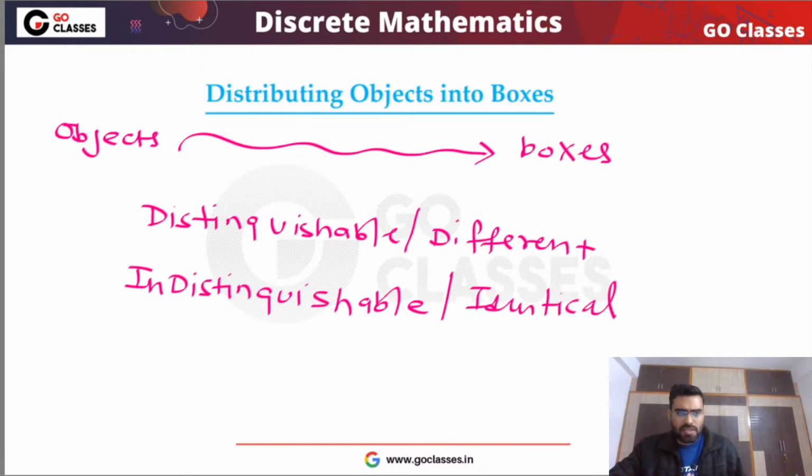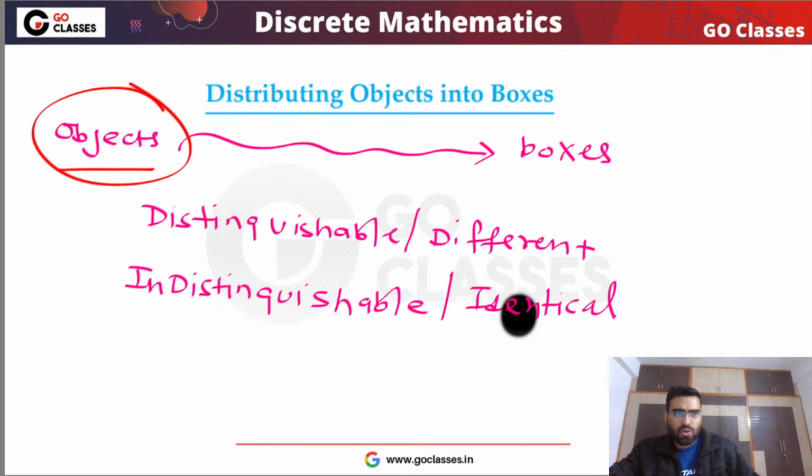So whether our objects are distinguishable or indistinguishable means our objects are different or same, and our boxes are different or same. Depending on that, we have a total of four templates.